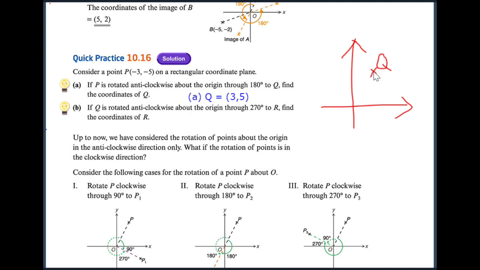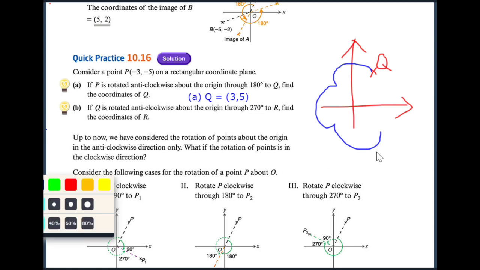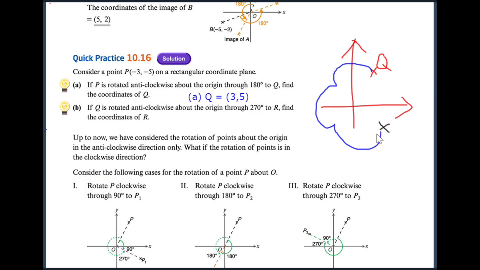Anti-clockwise means you are moving like this, 1, 2, okay? But you are turning through 270 degrees, so it will be in quadrant 4. This is your new point. And in this quadrant, you already know that the x-coordinate is positive and the y-coordinate is negative.